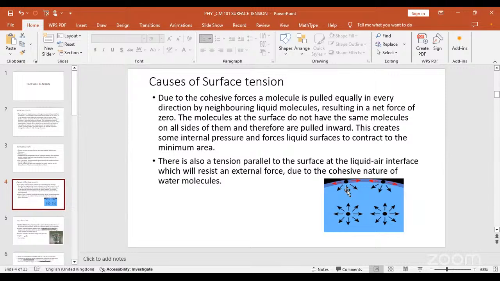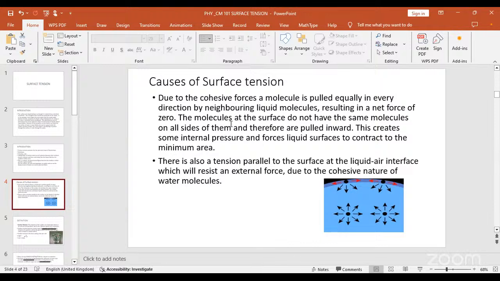So the net attraction that the molecules at the boundaries will witness will be directed inwards. The force of attraction will be directed inwards. And so at the edge, since there are no other molecules attracting them equally, the edge will now become a form of elastic.